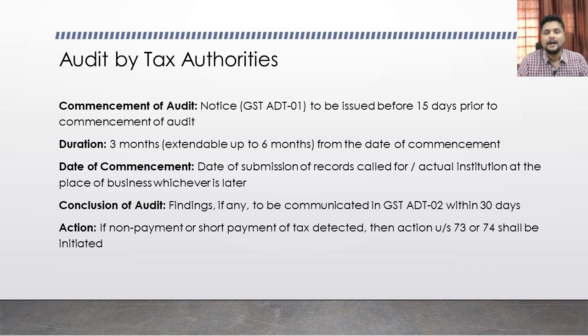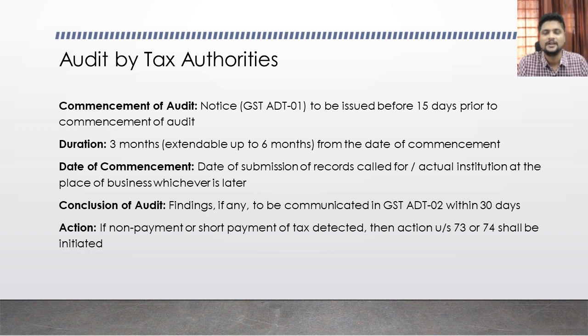Then after the completion of the audit, the findings, if there are any, have to be communicated to the taxpayer. Before they proceed to issue an order, the findings of the audit have to be first communicated to the taxpayer by issue of form GST ADT 02.